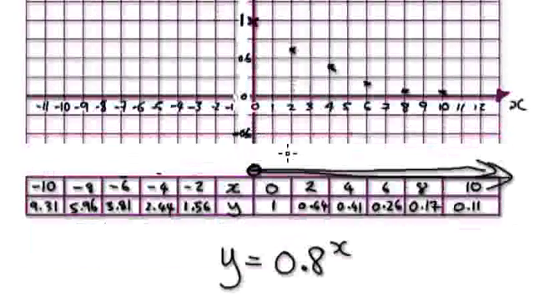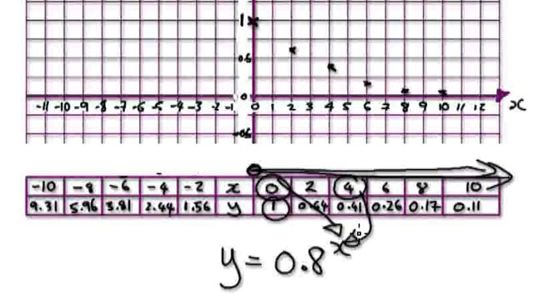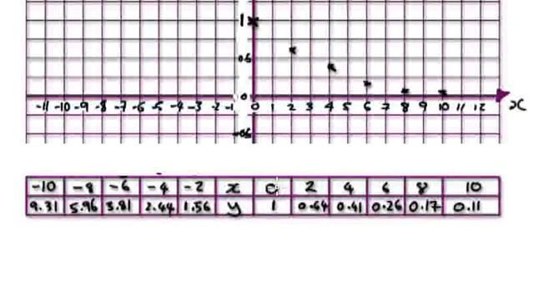When you put 0 into this x here, it will become 1, because 0.8 to the power of 0 is 1. If you put 4 into this x here, 0.8 to the power of 4, I've worked it out on the calculator, it's roughly 0.41. If you put, let's say, 10 into this x here, it will be 0.8 to the power of 10, which is around about here.